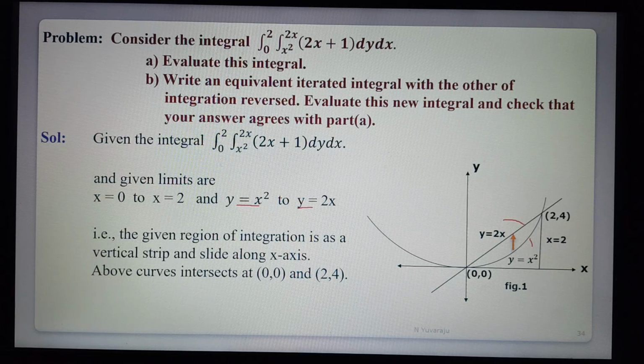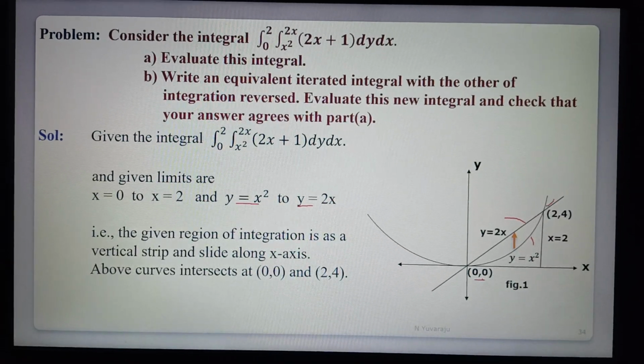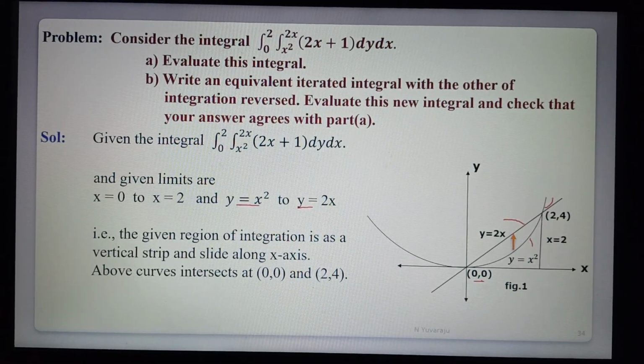Both curves intersect at 0, 0 and 2, 4, and the region is from x is equal to 0 to 2. So this is a vertical strip region. From 0, 0 to 2, 4, x is equal to 0 to 2, y is equal to x squared to 2x. This is a region of integration consisting of a vertical strip. This is the given. So now finding the integration.